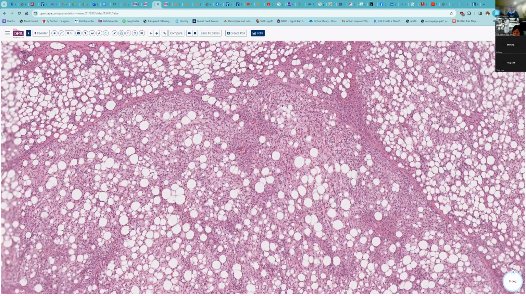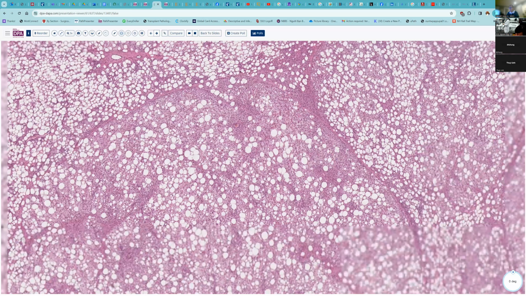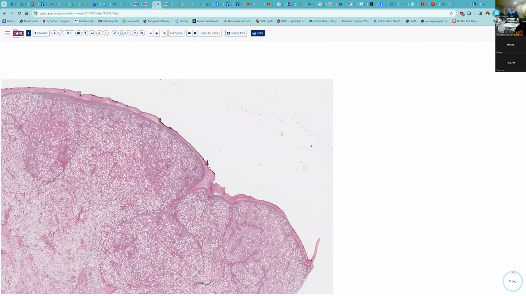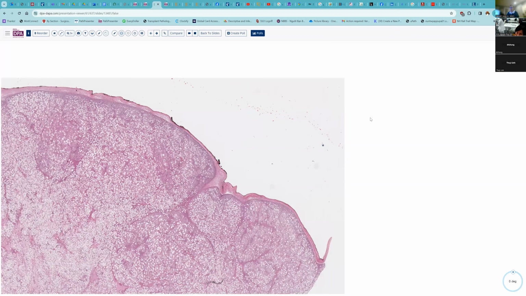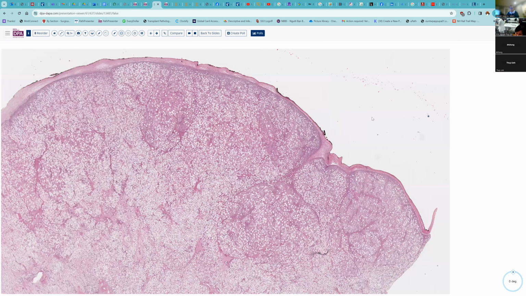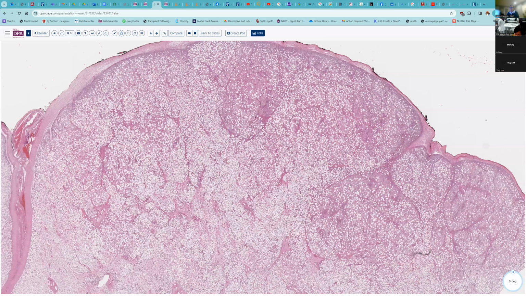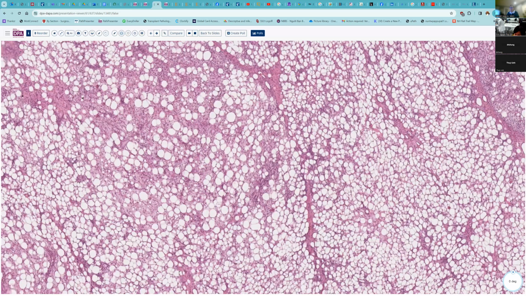The tumor overall tends to be sharply demarcated, as you see here. We have a pretty sharp margin, so it's easily resected. It's not a challenge for the surgeon. And it does have this distinctive appearance with the lipoblasts and then this variable fatty background.